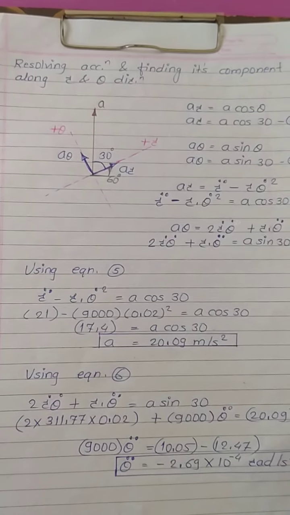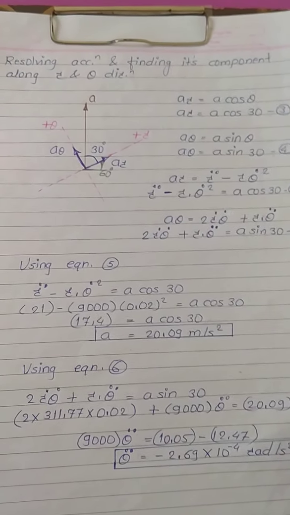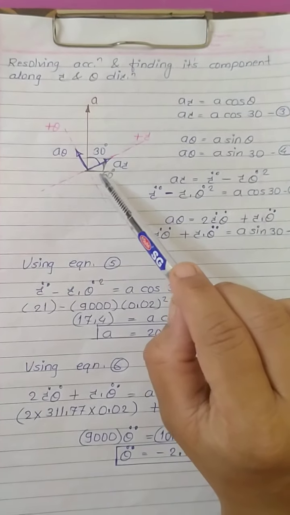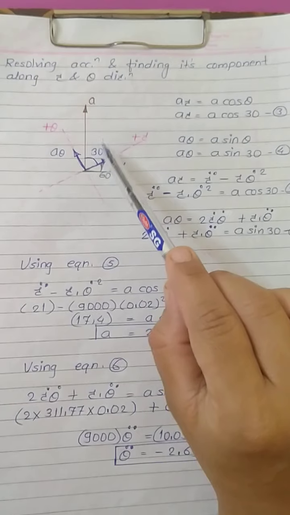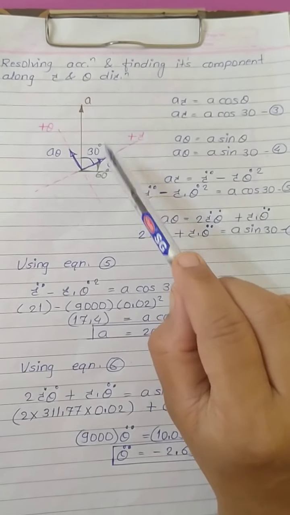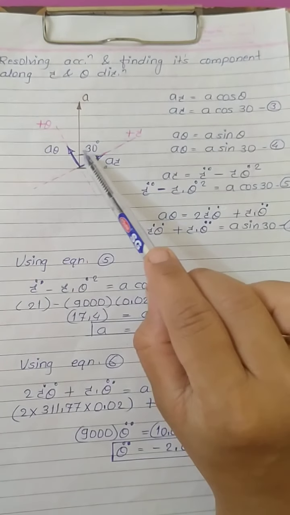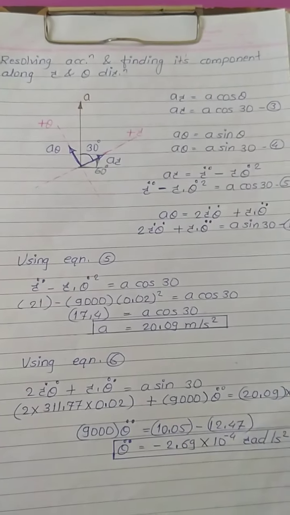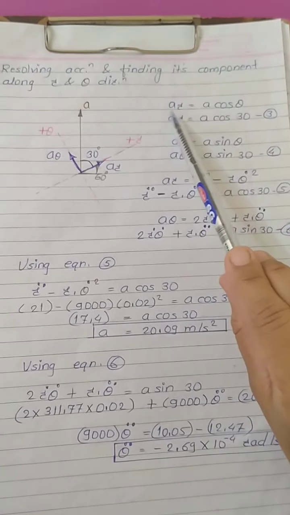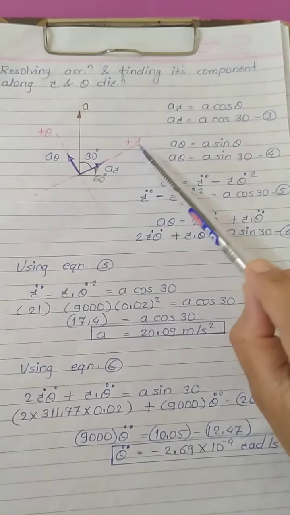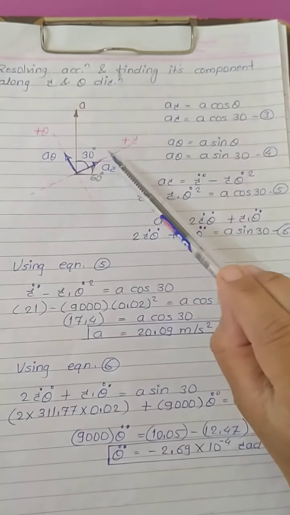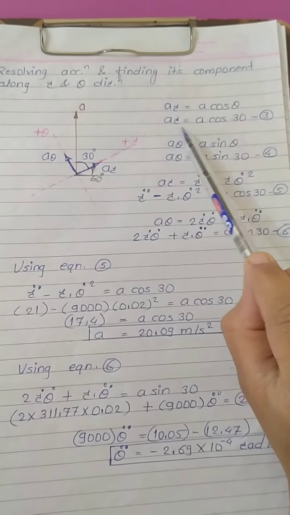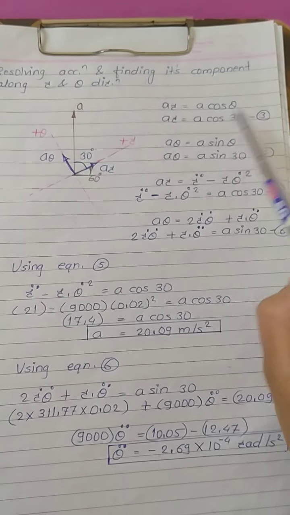Now similar to velocity, again I have to resolve acceleration along the r and theta axes. Already we have seen how this angle of 30 degrees came. The total angle we know is 60 degrees, so 90 minus 60 will give you 30 degrees. Similarly, if you resolve this acceleration along the r and theta axes, your ar is a cos theta, so ar equals a cos 30.